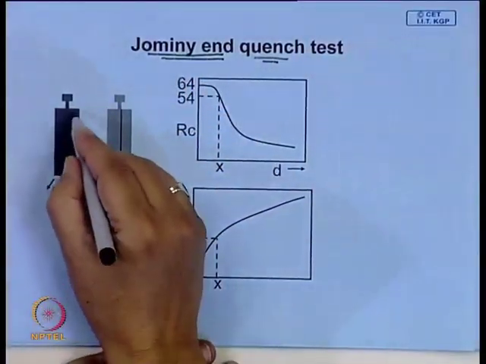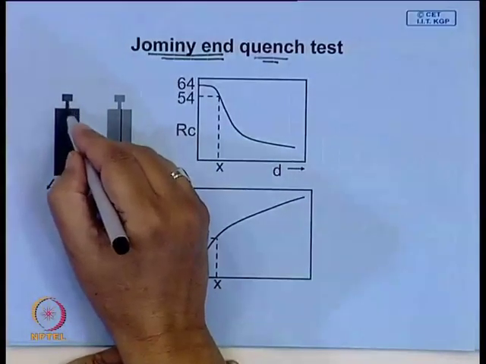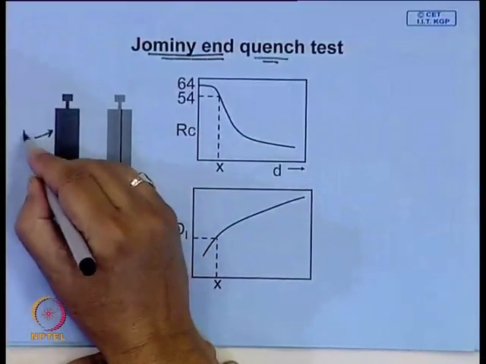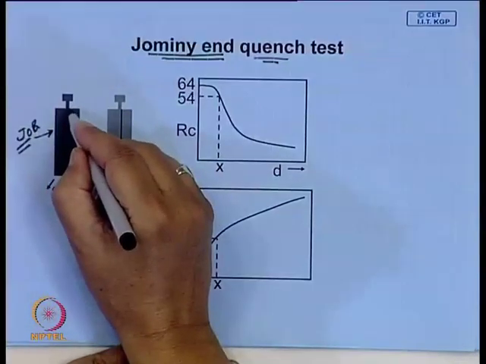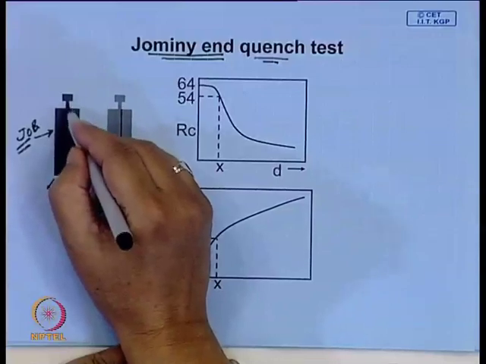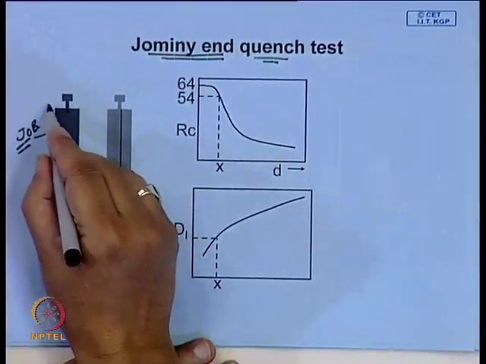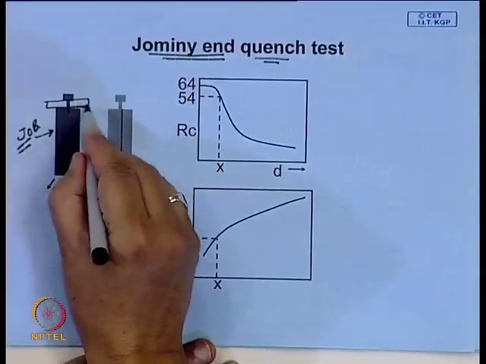So, what you do, you have a job here, there is a part which you can either screw, thread it. So, this is your job. There is a provision to fix it on a cooling fixture. This can be a single part also, or sometimes you can have a collar, which can be put on a rig.